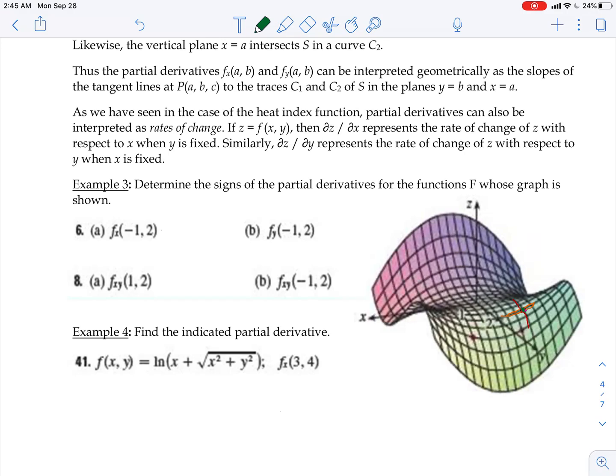As we go along x, for the partial derivative with respect to x, is our slope at (-1, 2) going up or down? Here we have a slope that's going down at (-1, 2). Our slope is going down as we go along x, so it's less than 0.